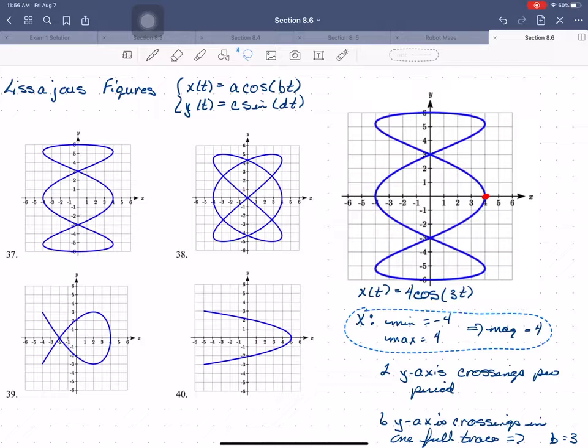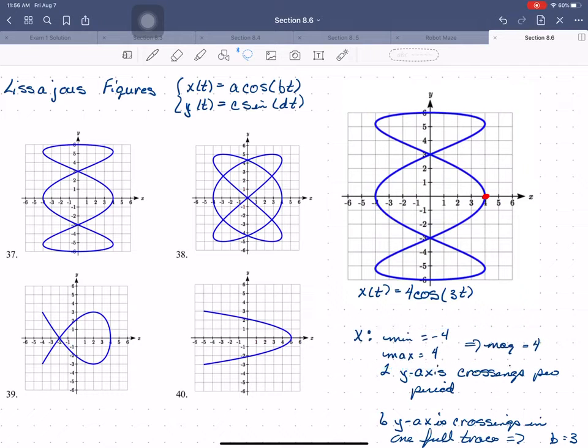Okay, so we're going to do the same thing with my y function. My minimum and my maximum y's are -6 and 6, which means my amplitude is 6. Now, when we do y, we count the x-axis crossings. So we start here, and I only count this guy once, okay?